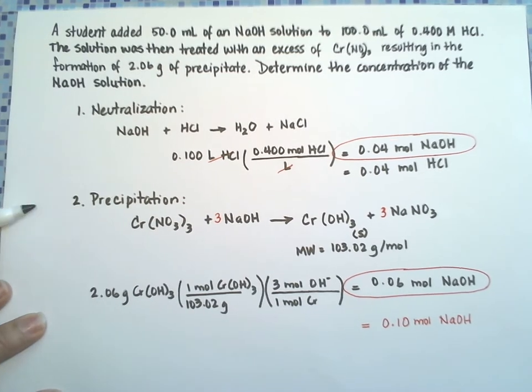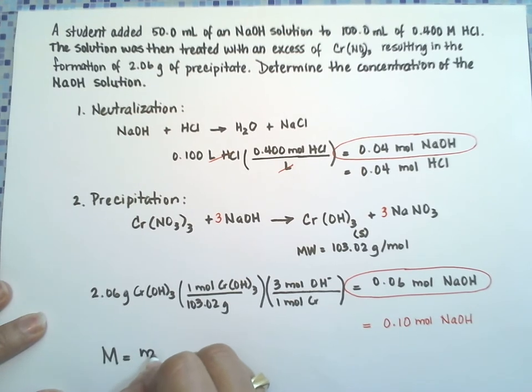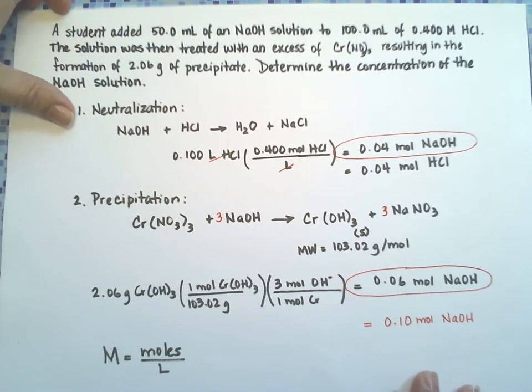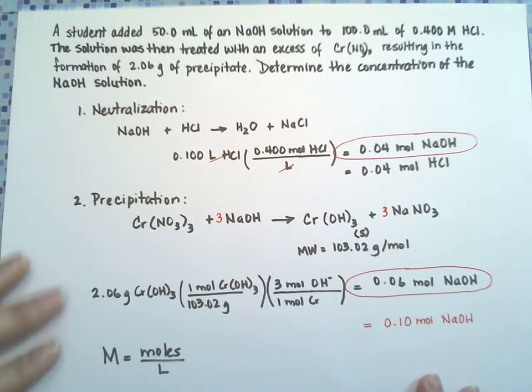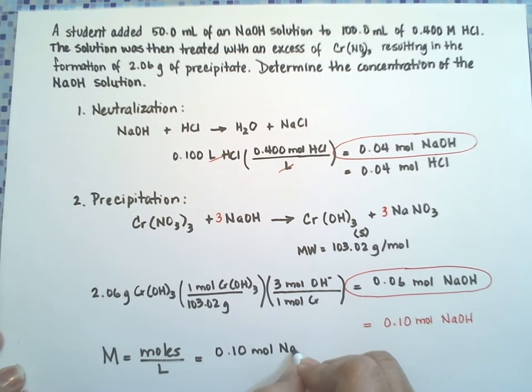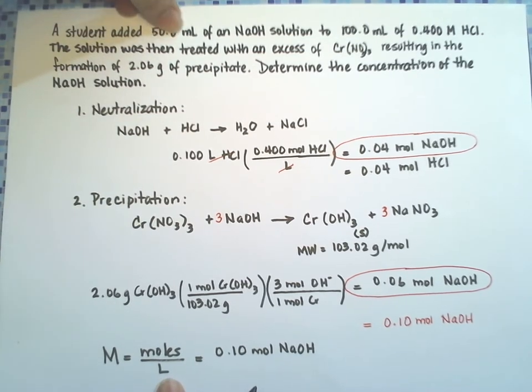All right, so let's do molarity. Molarity, remember, is defined as moles over liters. Here are my moles of sodium hydroxide, 0.1 moles of sodium hydroxide. Over the liters, I have 50 milliliters of a sodium hydroxide solution.